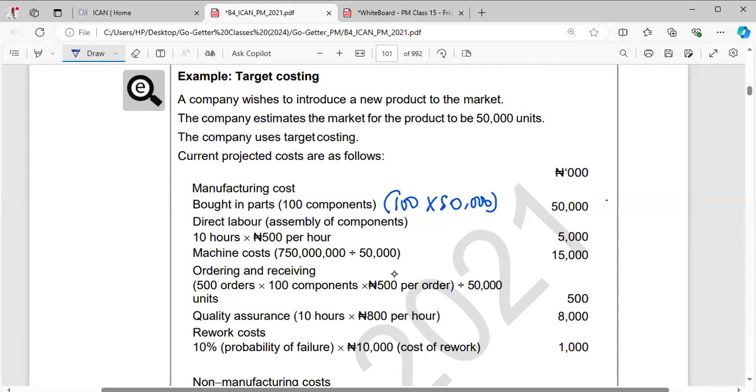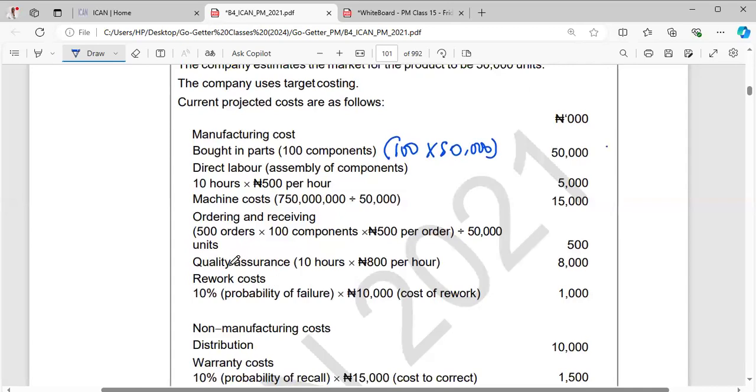Each time you bring the bought-in parts, you multiply 100 by 500 orders, times the amount per order, then divide by the 50,000 units that you are making. So that gives you this 500 naira.